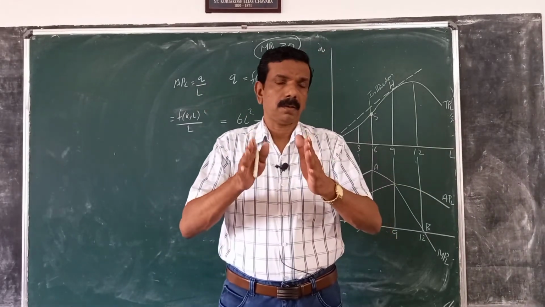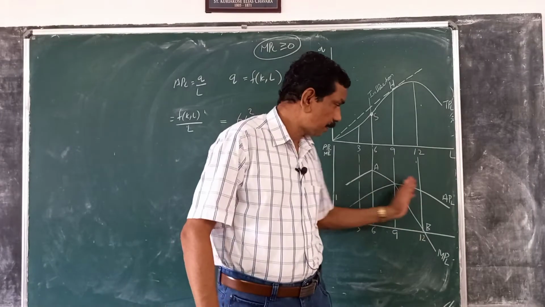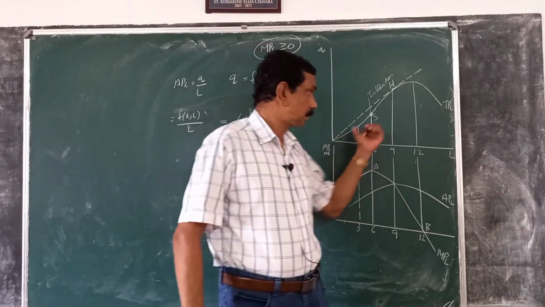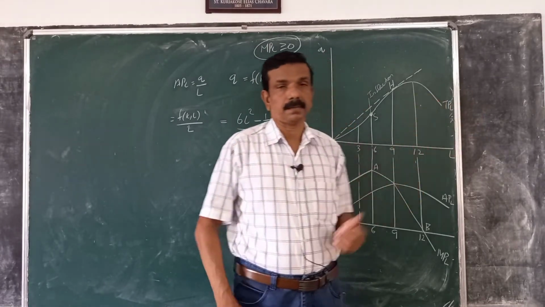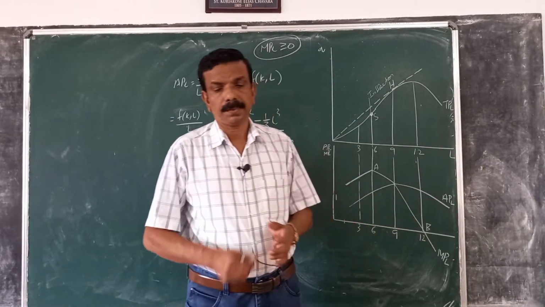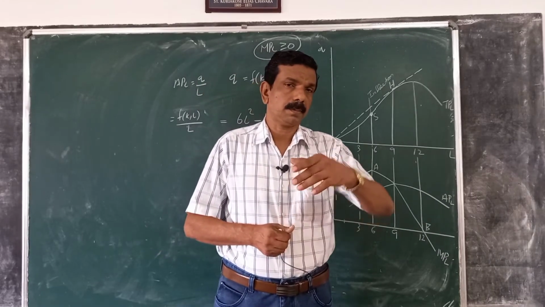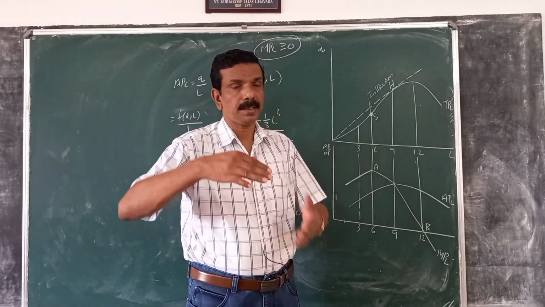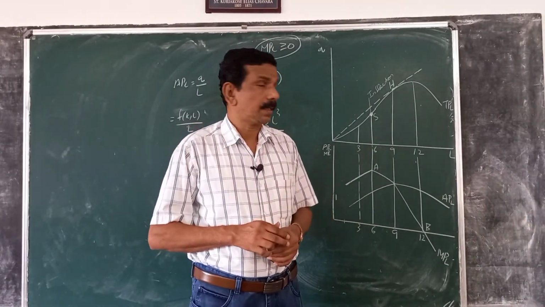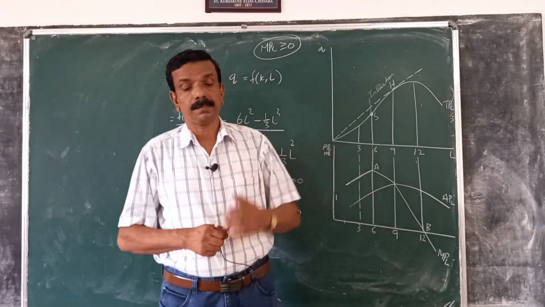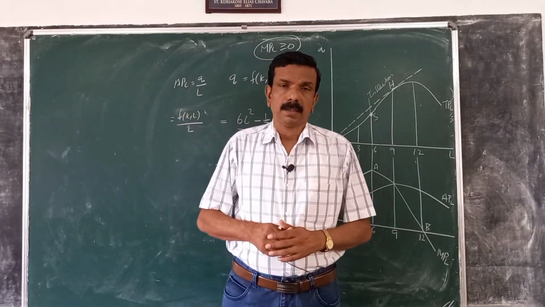And also note that APL is always non-negative as long as total product is non-negative. Remember that point. MBL can be negative, but APL is always non-negative because APL is TPL divided by quantity.